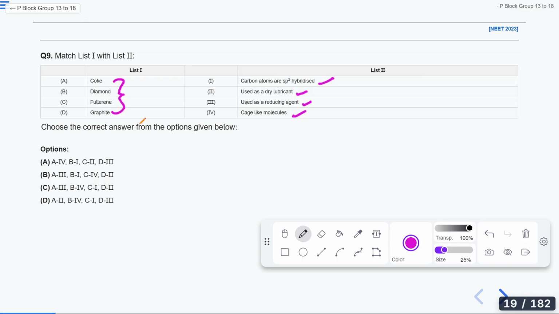What is that name? I will check the answer later on. So it is related to carbon. What are they called?